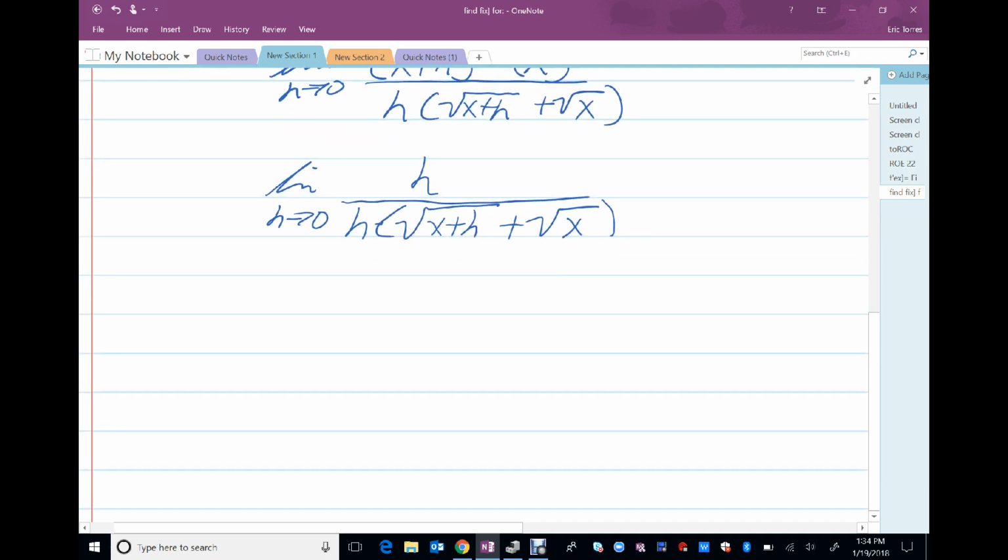Notice, I now have a fraction that is reducible. And so I shall reduce it, and it's giving me a new object that is exactly like the old object, except for possibly at h equals 0.